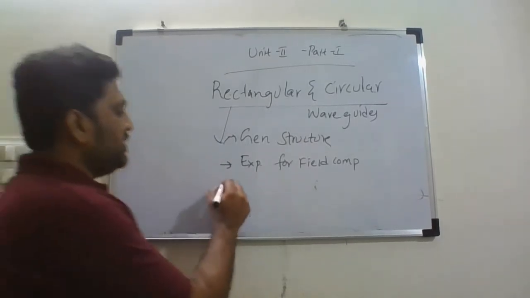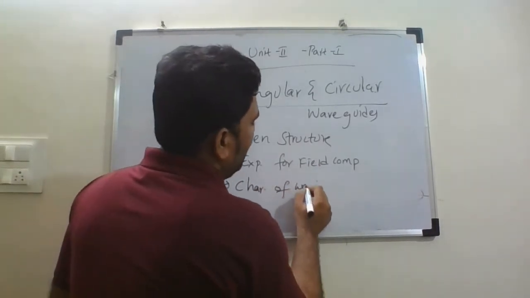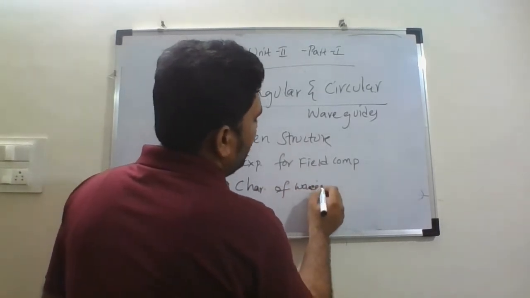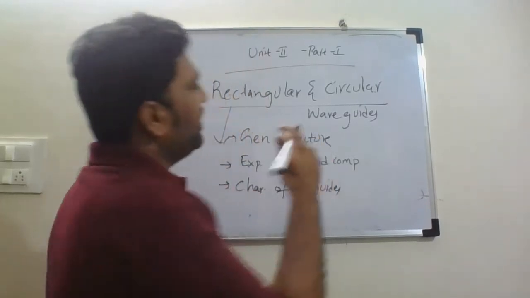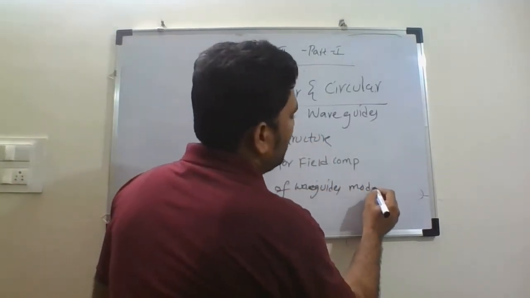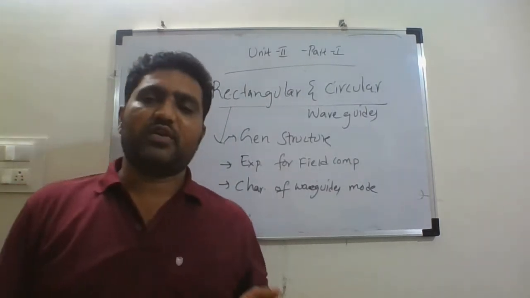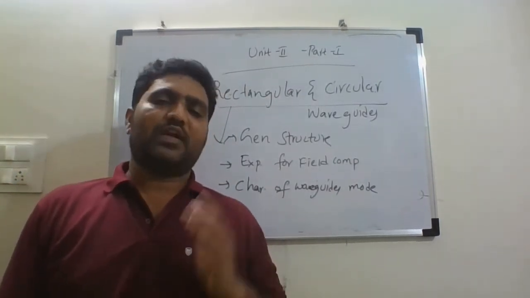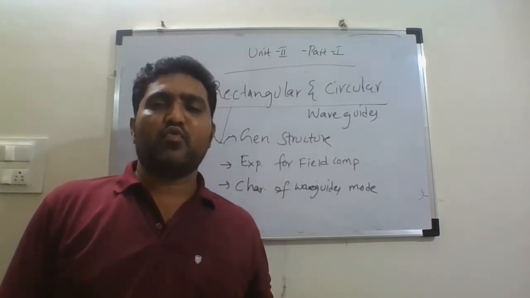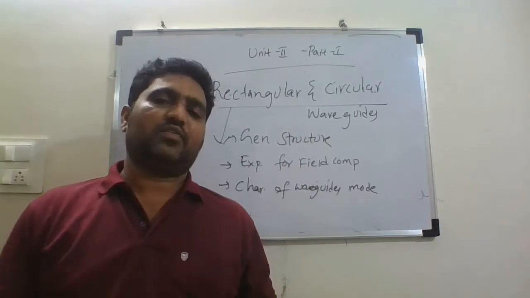And then we will be discussing the characteristics of the different modes that exist in rectangular and circular waveguides. TE mode, TM mode, TEM mode, and how the different modes have their properties.